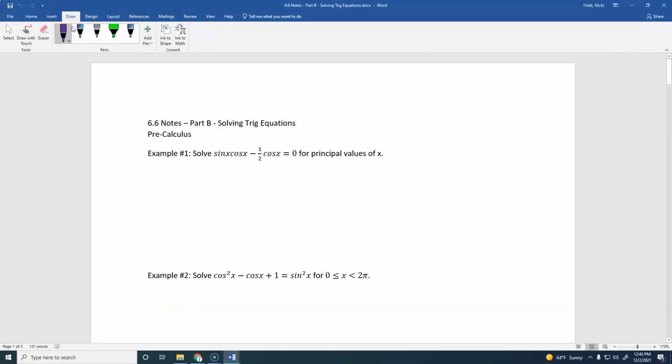So I've got sine x, cosine x minus 1/2, cosine x equals 0. First of all, let me show you what not to do, okay? Because this is probably the first thing some of you want to do, so don't write this down. A lot of you probably are thinking, oh, I'm going to move this over to the other side.